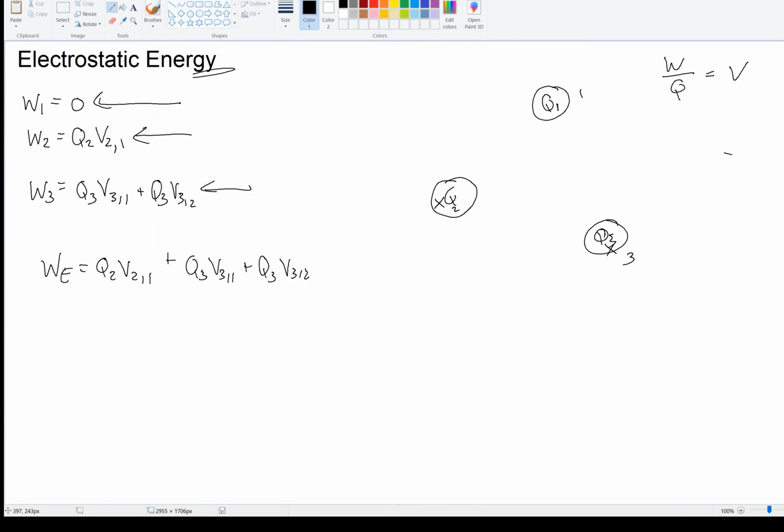Now, here's the trick. This is a slick trick. Any term, let's say this term, is symmetric. And what I mean by that is that Q3 V3,1, so that's Q3 times the potential at 3 due to 1, that we've found is Q1 over 4 pi epsilon 0 times the distance from 1 to 3.